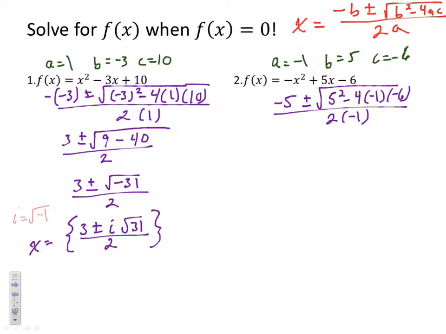So that equals -5 plus or minus the square root of 25 minus 24, all over -2.